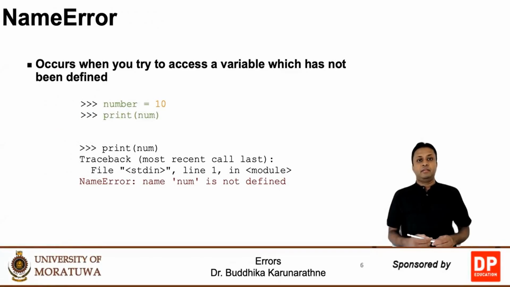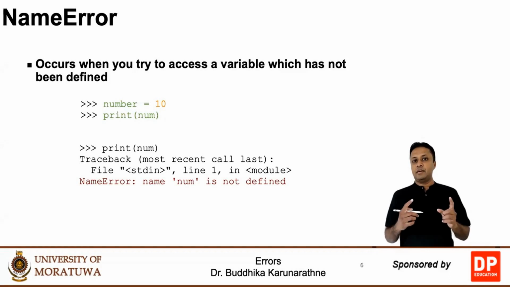Let's first look at what we identify as a name error. A name error usually occurs when you try to reference a variable that has not been defined previously in the code. So we have an example. In this example, you see a variable named number with value 10. Then we try to print the value of a variable named num. Notice that our original variable name was number, but we are asking Python to print the value of a variable named num.